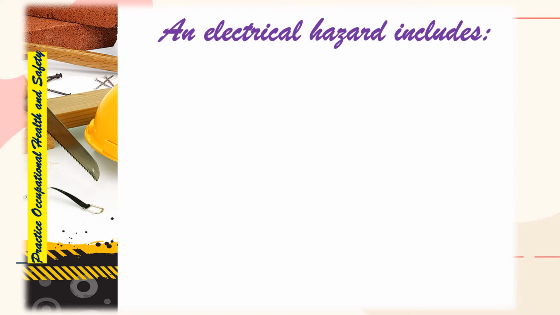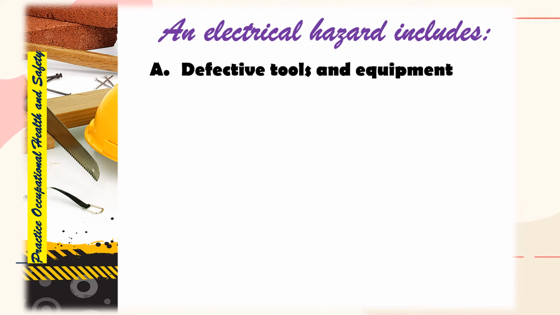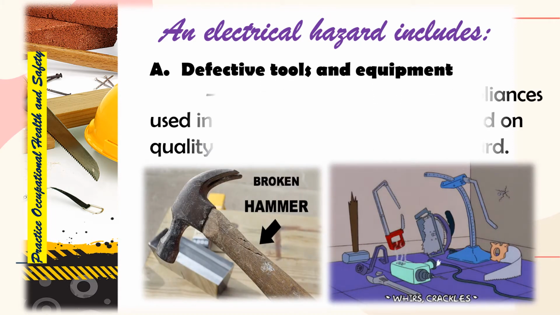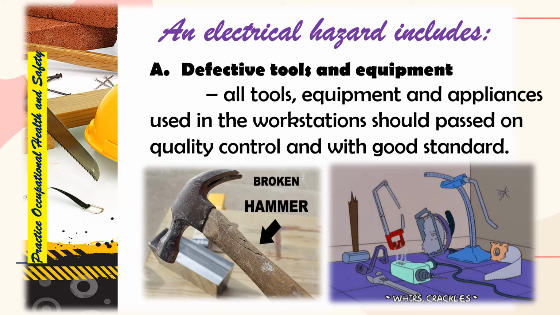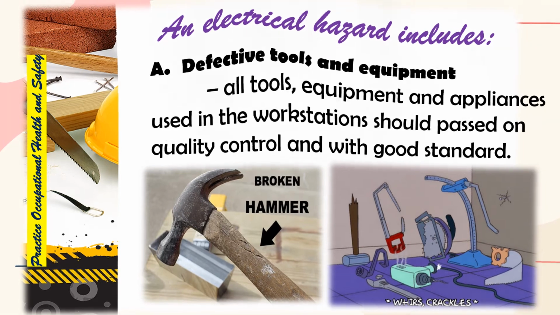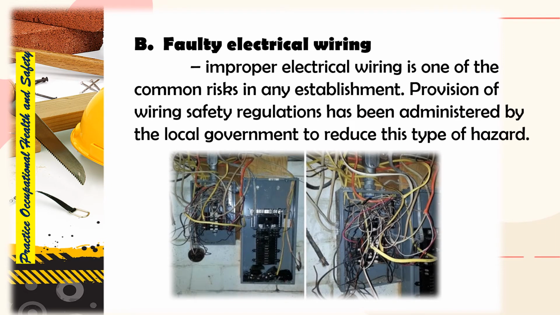An electrical hazard includes, A, defective tools and equipment. All tools, equipment, and appliances used in the workstations should pass quality control and be of good standard. Electrical hazard also includes faulty electrical wiring.